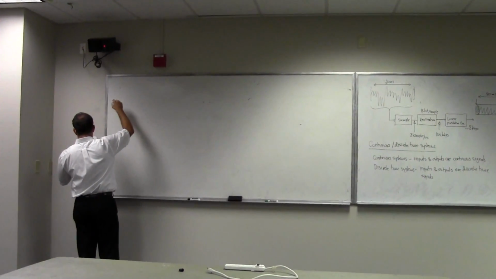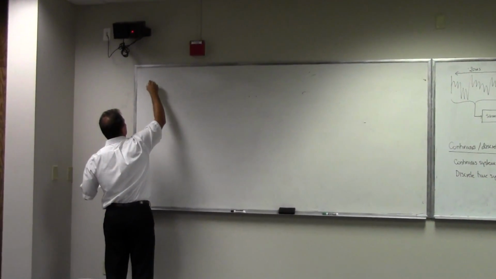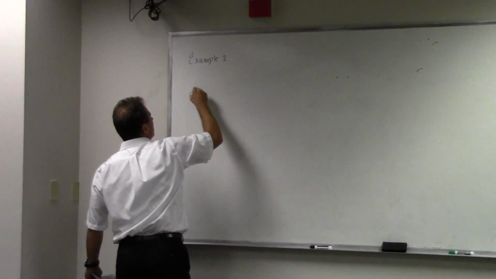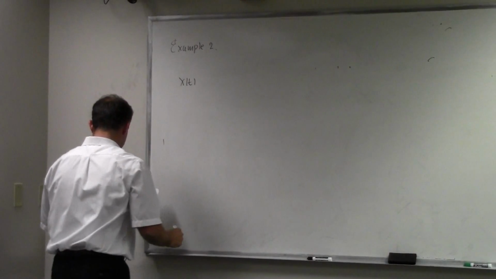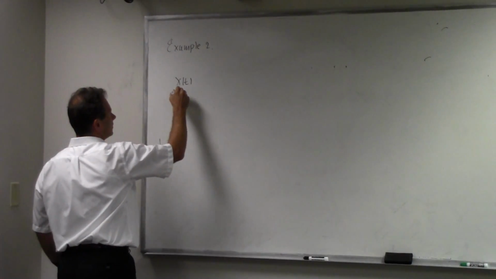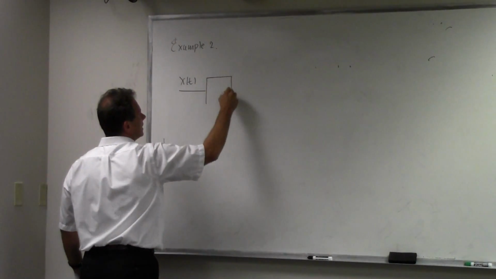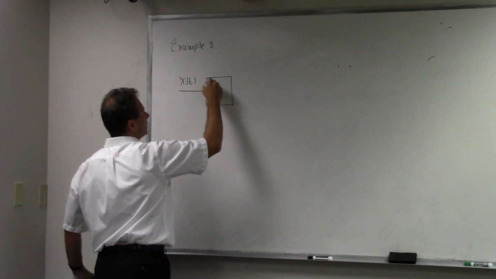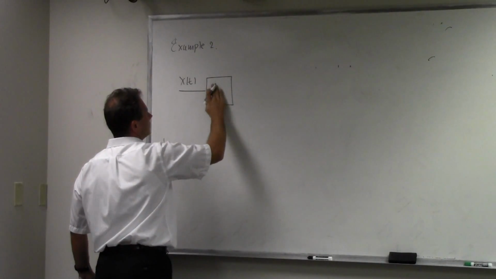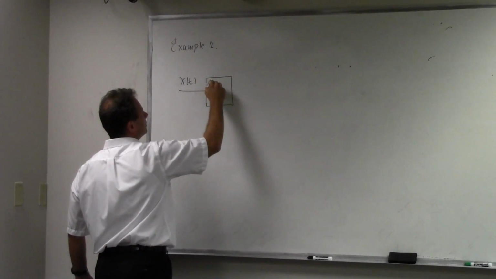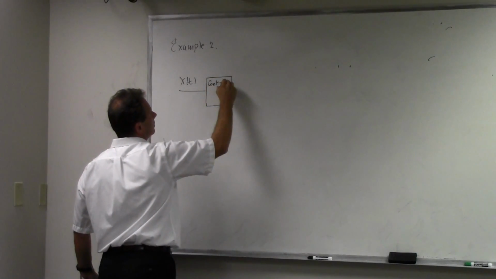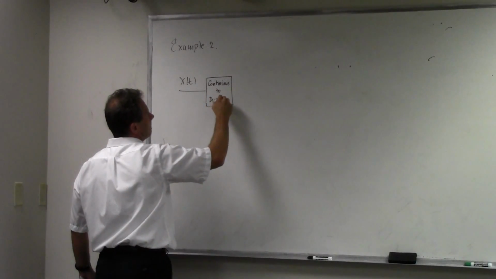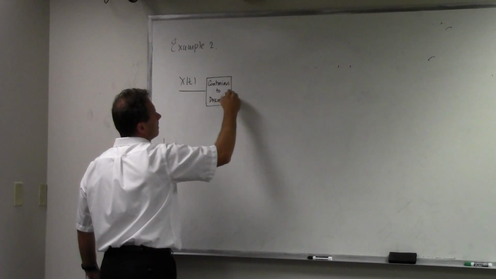So consider this, example 2. Let's say we have x of t, which is an analog signal. Then we feed that into an analog to digital, I should say continuous to discrete time, converter.